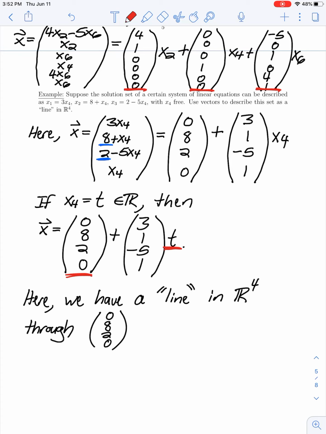So we have a line which is passing through this point and is moving in the direction of the vector 3, 1, negative 5, 1. That is the vector that we are adding a scalar multiple of to get our solution. All right.